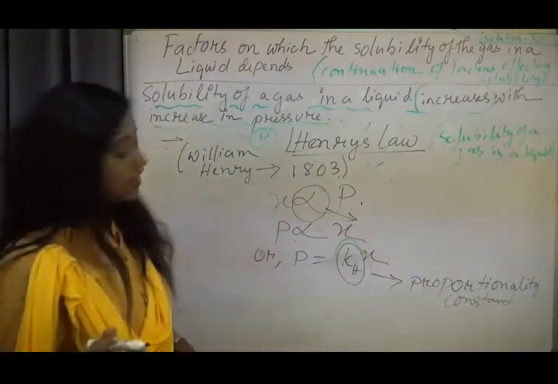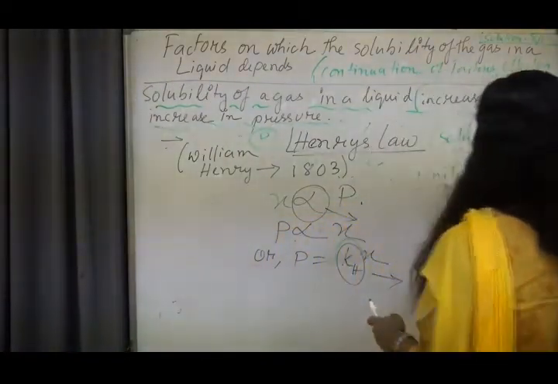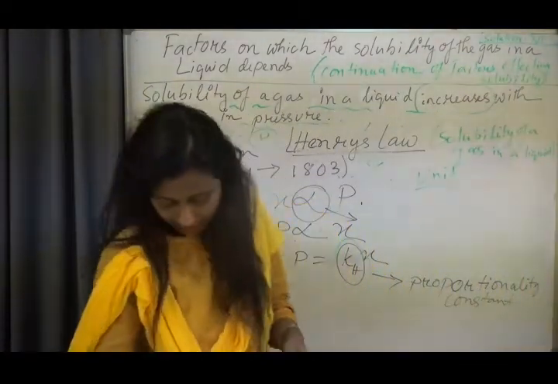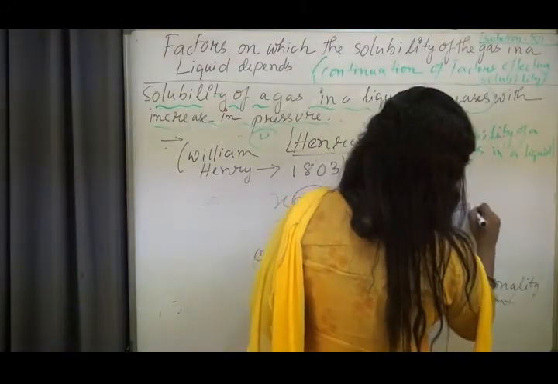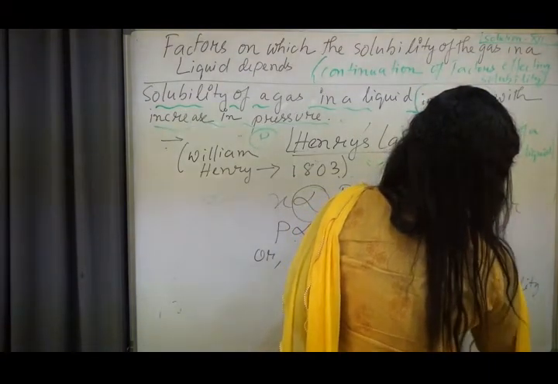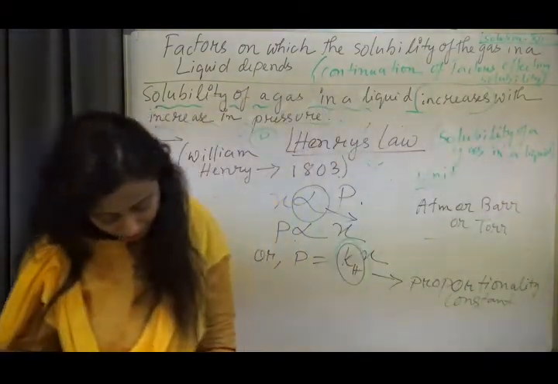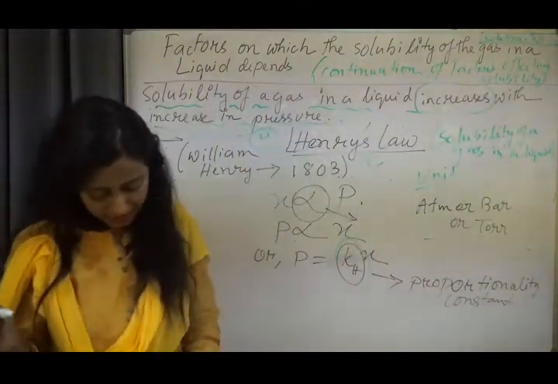So what will be the unit of the proportionality constant? The unit is atm or bar or torr. This is the unit of this proportionality constant.